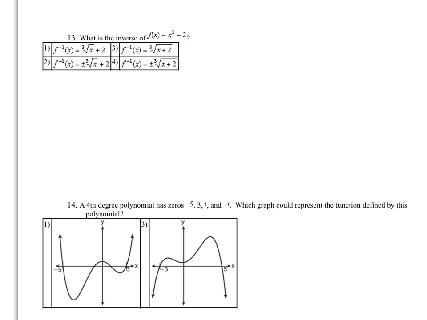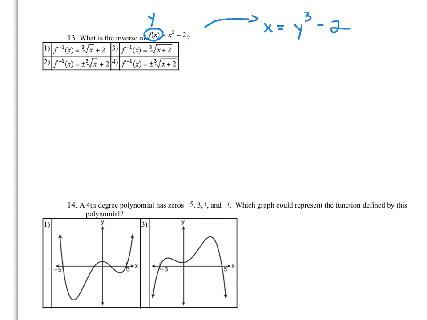All right, so just remember that inverse means to switch the x with the y. So do also remember that f of x is just a fancy way of saying y, so that's a y. So if I want to find the inverse, I'm going to make that y an x, and I'm going to make the x cubed into a y cubed, and then minus 2.